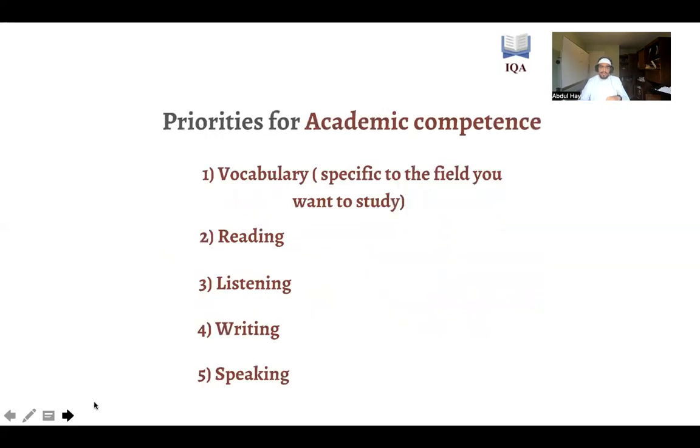Based on this, linguists mentioned that the priorities for academic competence are in this order. First thing is vocabulary. Vocabulary that's specific to the field you want to study, right? A native adult speaker in a language that is educated has between 20,000 to 30,000 words.